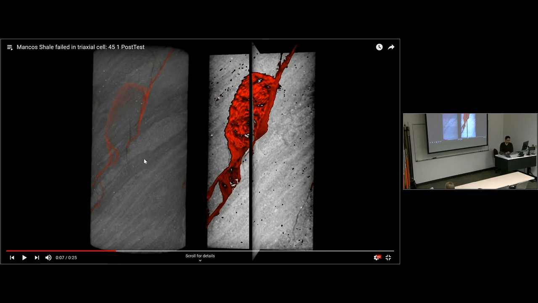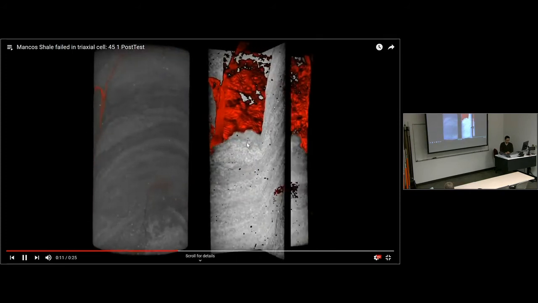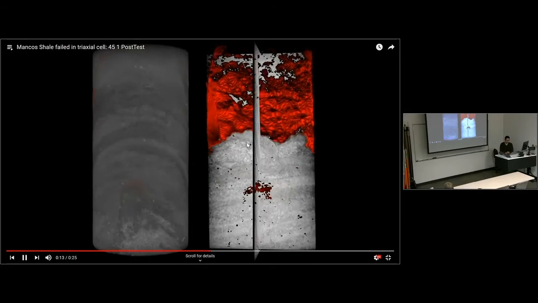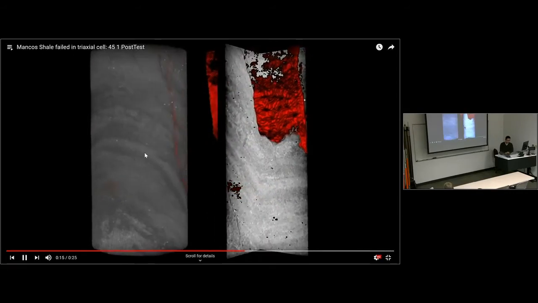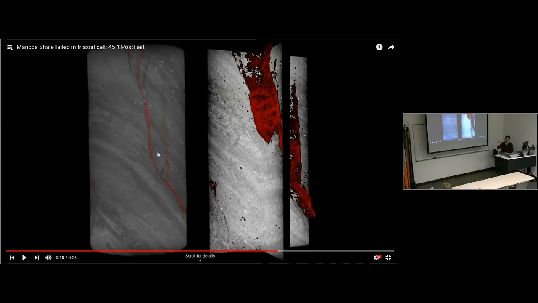And what you see over here is that when these samples were loaded in axial direction, the fractures concentrated on those bedding interfaces. So let me tell you what you have here. On the left, both of those are X-ray images, but on the left is the outside, and on the right you have two vertical cross sections, so you can see what's going on inside.